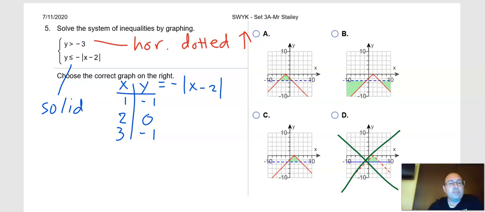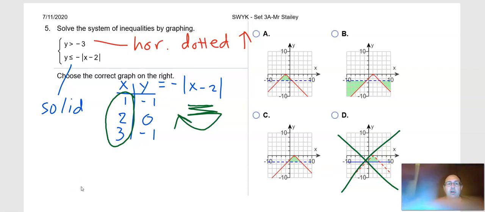Now the other one is an absolute value function, and I made a little chart here. Plug my 1, 2, 3 in, you subtract, you take the absolute value, and then after that you multiply by -1, and it ended up giving me these 3 values. So 1, -1. I noticed that all of the scales are 2.